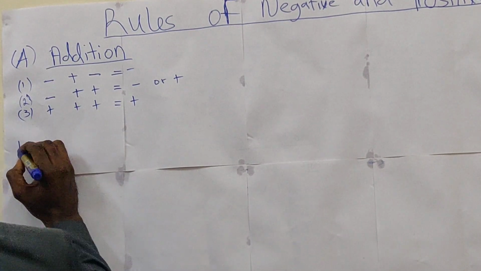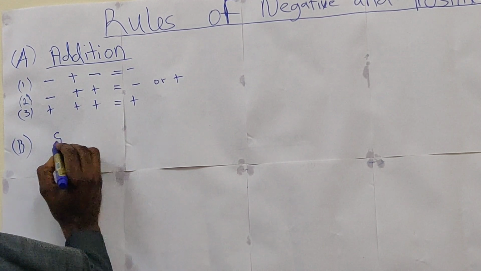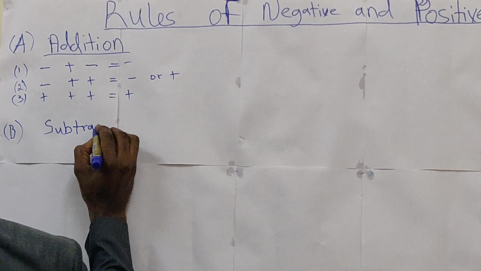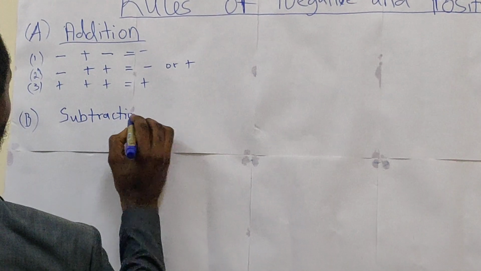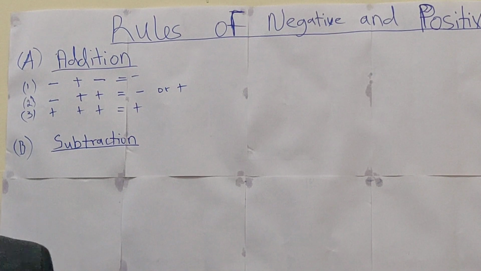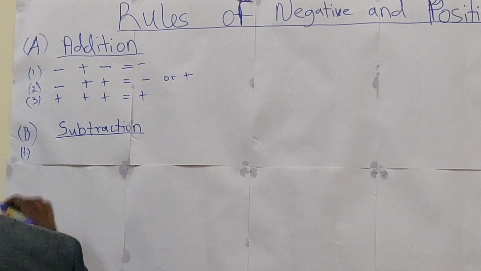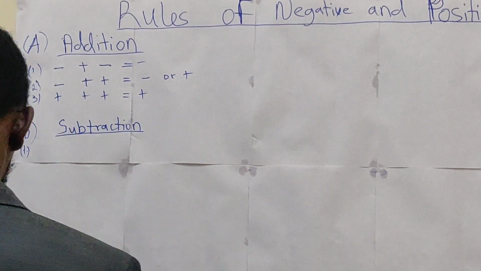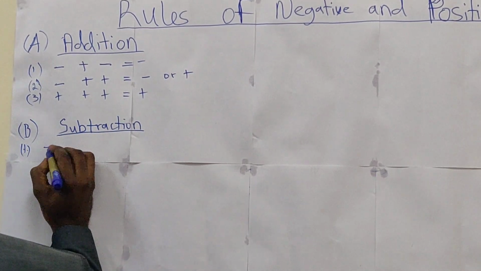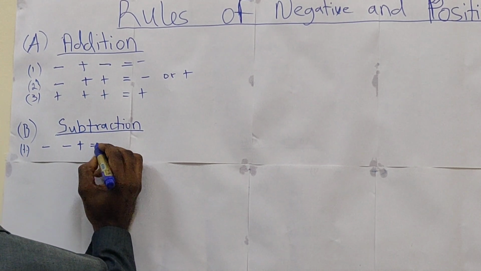Now, B. Subtraction. So let me put the possible ways. We have negative minus positive, which is equals negative.